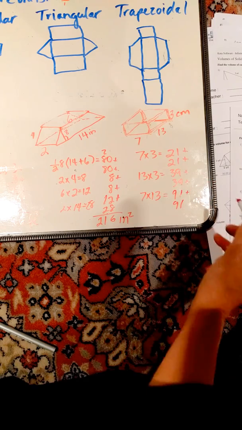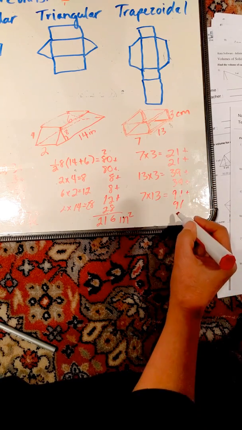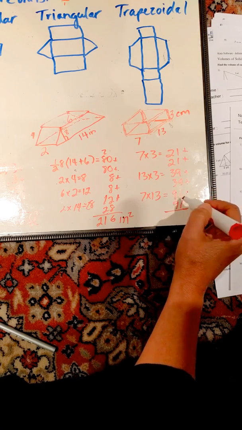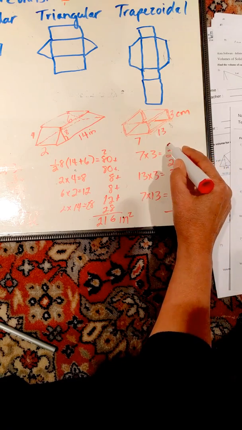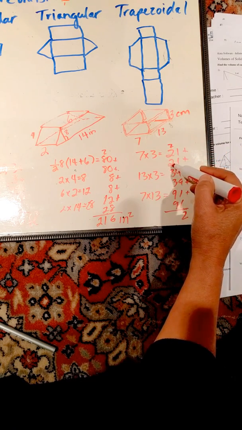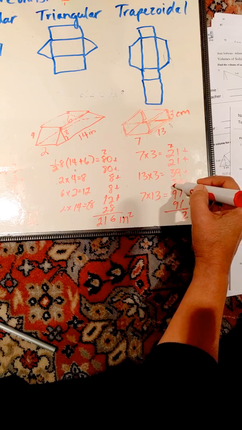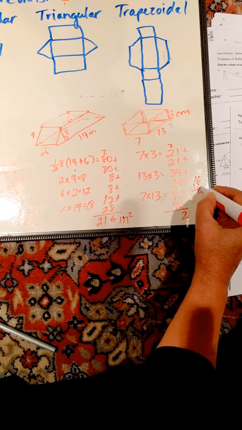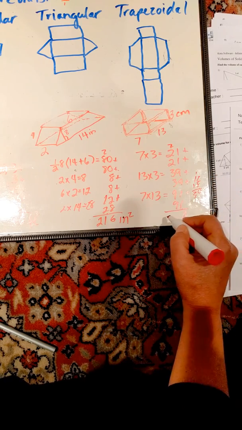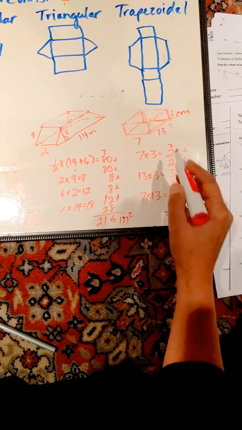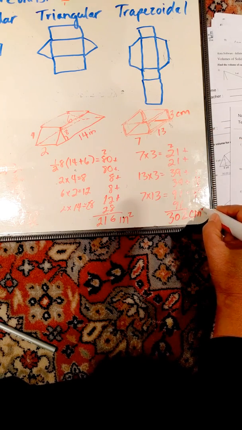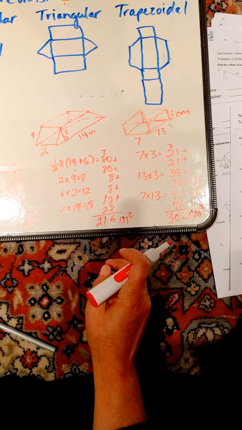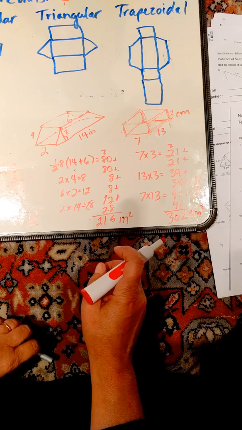So if I add all this up, I get 10, 22, 2 carry the 2. 2, 4, 6, 7, 8, 9, 10, 11, 12. 12 and 18 is 30. So 302. And let's say these are centimeters squared. Okay, and that's the surface area of 3 types of prisms.